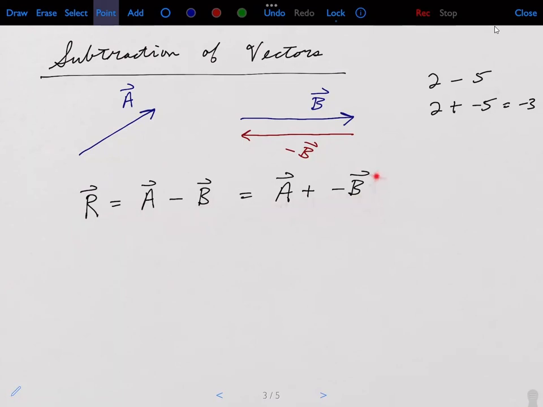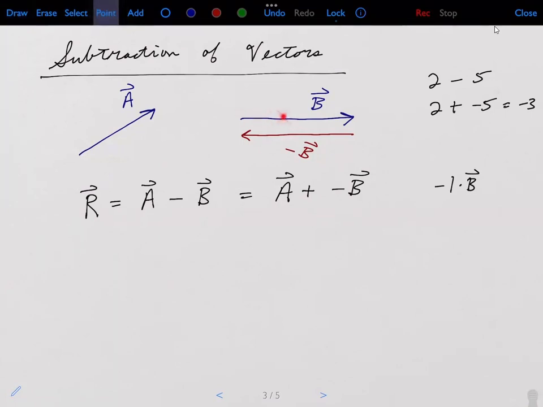Now the question is, what is -B? -B is really the same thing as -1 times B. And all that does is it reverses the direction of the vector. It changes both of the components. The x component and y component change their sign. So what that does ultimately is it reverses the direction.